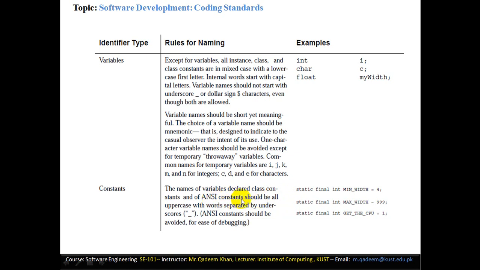There is the ANSI style for declaring constants: the constant name should be in capitals. For example, static final int MIN_WIDTH = 4; static final int MAX_WIDTH = 999; and similarly static final int GET_CPU = 1. So constants should be in capital letters, which shows that it is a constant.